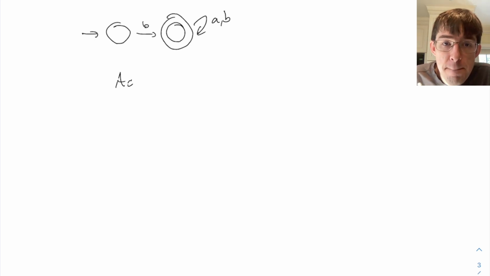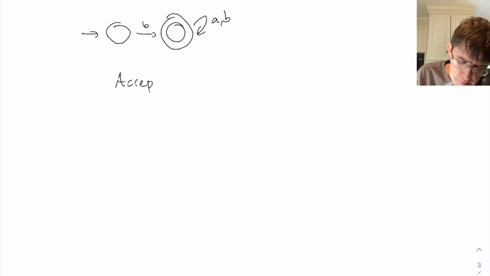Would it be any string starts with the letter B? Yeah, any string starting with B, she said. This accepts any string starting with B. What you want to think about is, what are the strings which could possibly end up over here? And the answer is, if you want to start here, which you do, you must do B first. But then after that, you can do whatever you want, because you can do any A's and B's after that.